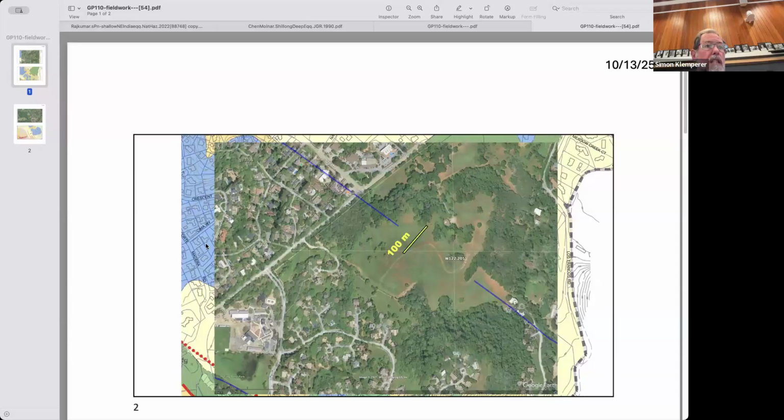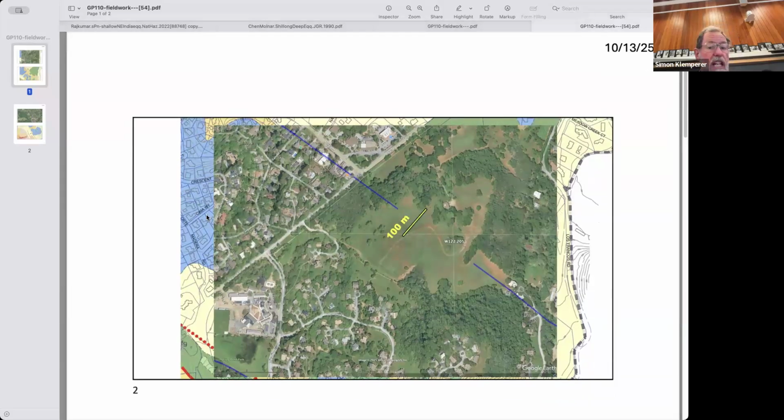Okay, so at the previous meeting, we heard from Cotton Shires about fault traces that are on the town map and are not on the town map. Two locations were discussed of interest.